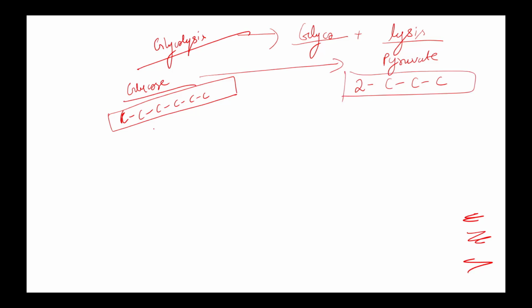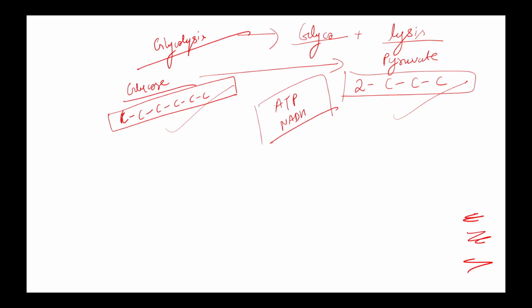During this conversion from a 6 carbon molecule to 3 carbon molecules, the breakdown produces energy, and that energy is produced in the forms of ATP and NADH. So this is the glycolysis process.